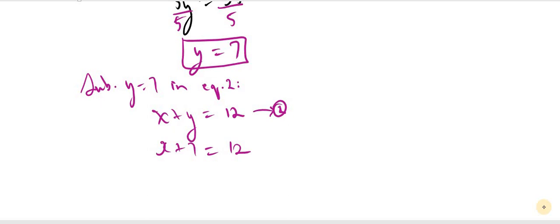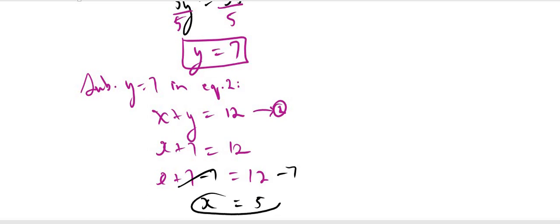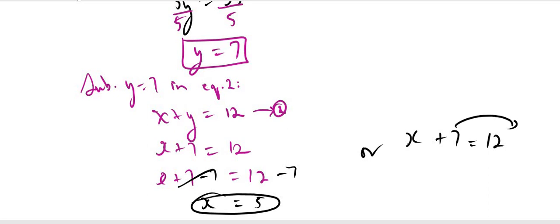Alright? Or you can say x plus 7 equals 12. What we're going to do, subtract how much from both sides? We're going to subtract 7 from both sides. So this cancels off to give us x equals 5. Or the other technique, x plus 7 equals 12. Transpose, the plus 7 goes over the equal sign, and you mentioned that once it goes over the equal sign, the sign changes. Should the sign of the 12 change?